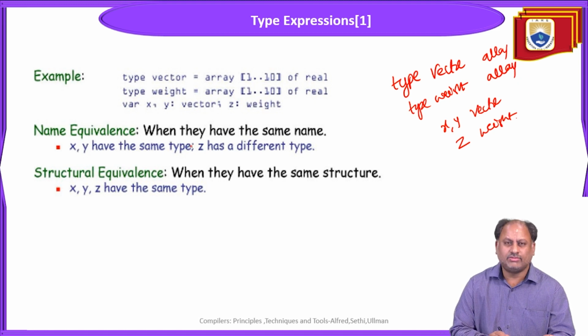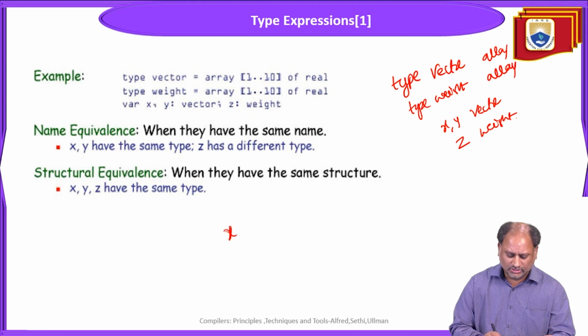Now, what are the variables which hold name equivalents, and what are the things that come under structural equivalents? According to the name equivalents and structural equivalents, we will verify once again. So here, name equivalents. What is the type expression for the corresponding variable?